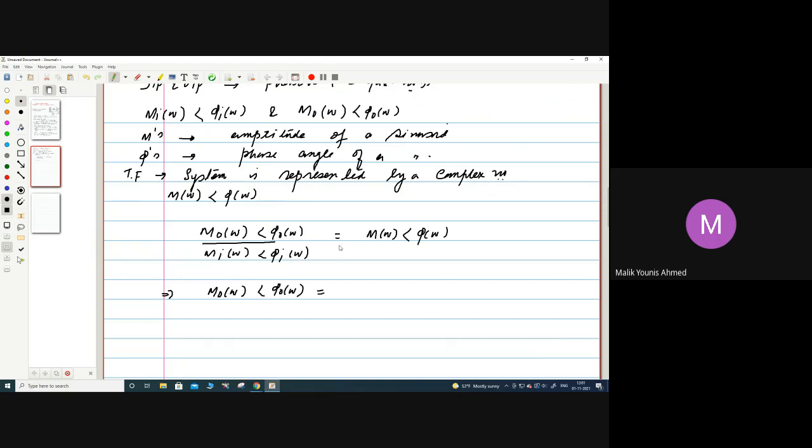This will get multiplied: we have the input magnitude and the system magnitude, that is the transfer function magnitude. These two will multiply, and because in polar form angles add, we have the angles adding, phi i of omega plus phi of omega. So we can represent this like this. Let us say this is equation number 1.